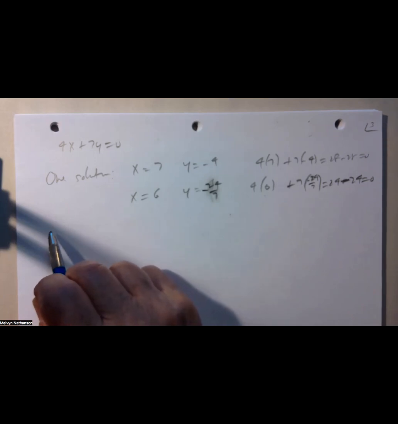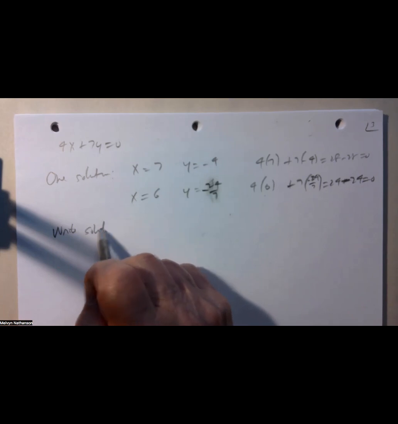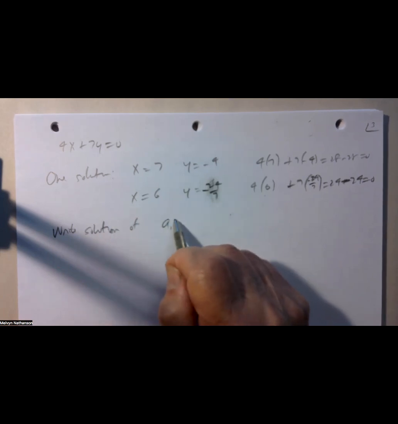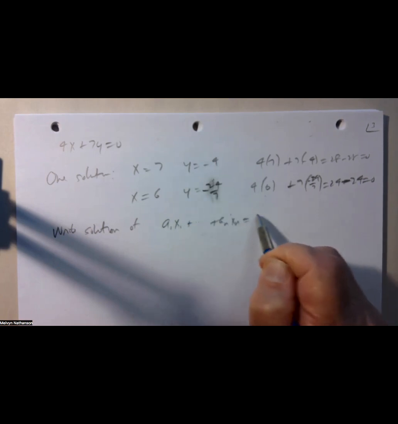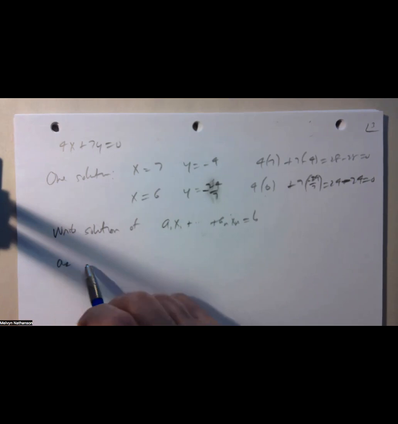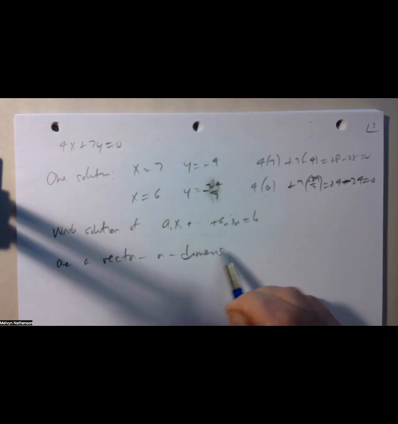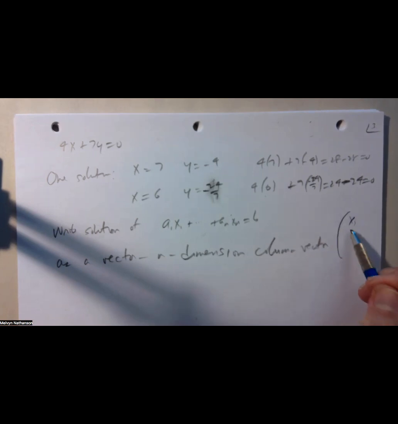In general, we write a solution of the equation a1x1 up to anxn equals b as an n-dimensional column vector, x1, x2 down to xn.